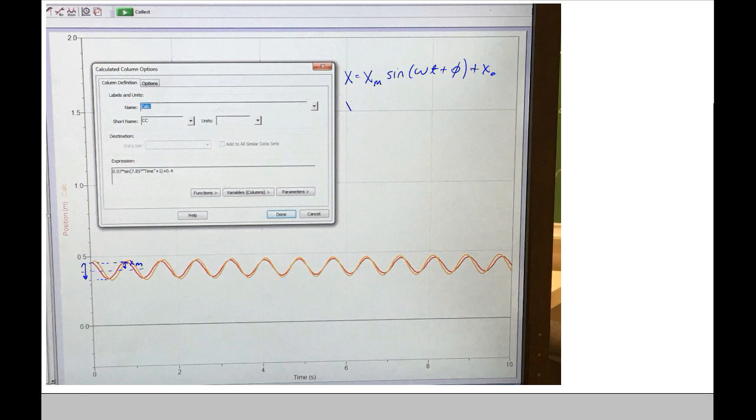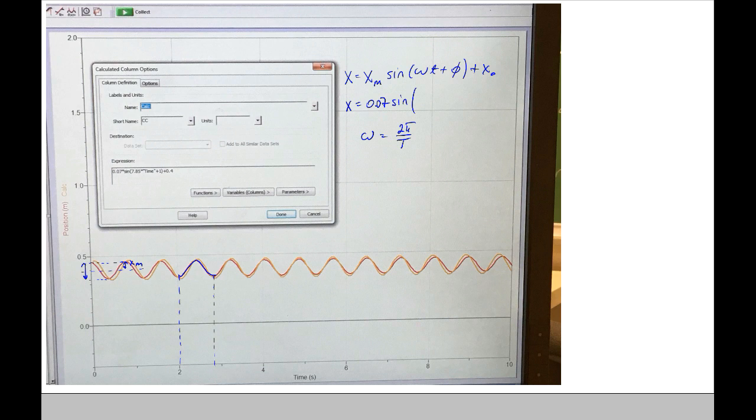So x equals 0.07 roughly. Then I have sine, and I have to figure out the omega t. Omega is the angular frequency, and it's 2 pi divided by period. Period is the amount of time it takes for the pattern to repeat itself. One way of figuring it out is I'm going to go from here to there, so that's one pattern.